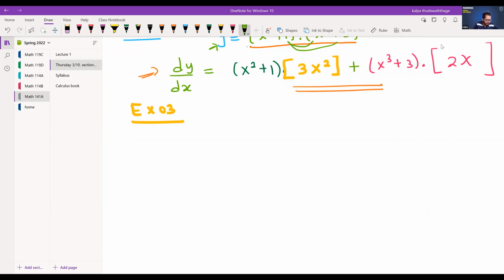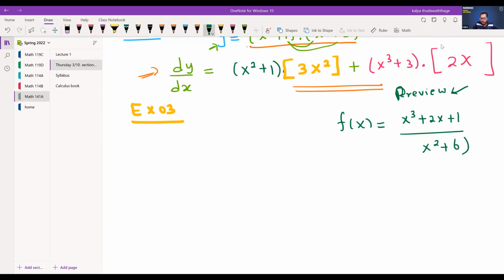Okay, the next part is the quotient rule. This is the preview for the next class, Friday's class. If you have, let's say, x to the power 3, 2x plus 1, divided by x to the power 2 plus 6, a quotient, how do you do that?